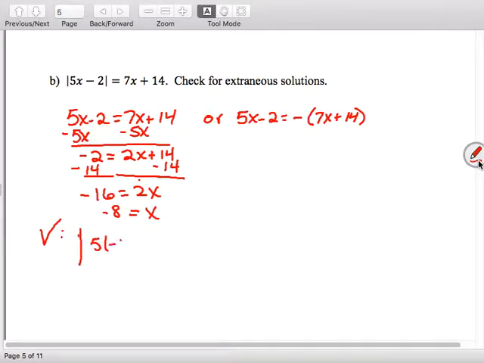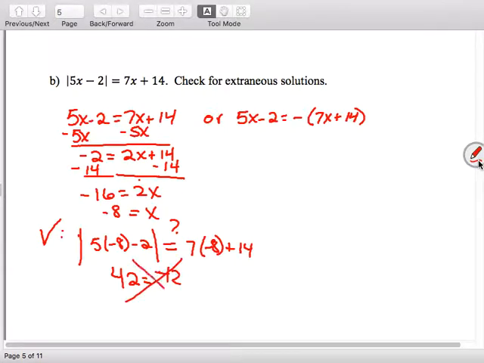So 5 times negative 8 minus 2. And then 7 times negative 8 plus 14. So that's positive 42. And then that's negative 42, right? Yeah. So it still didn't work, so that one didn't work. Over here, I get 5x minus 2 equals negative 7x minus 14.